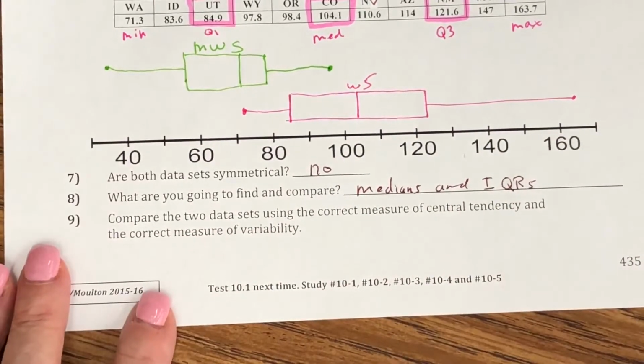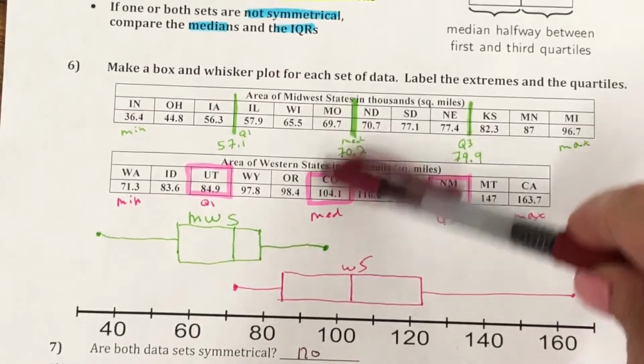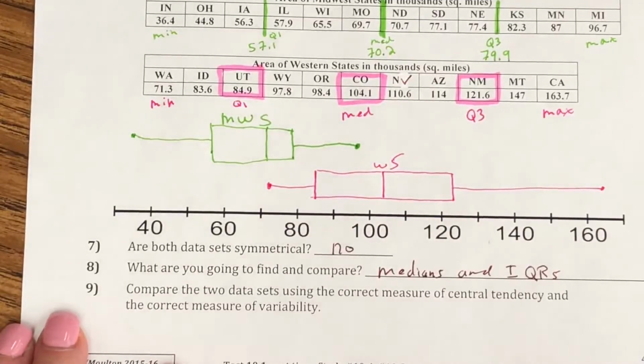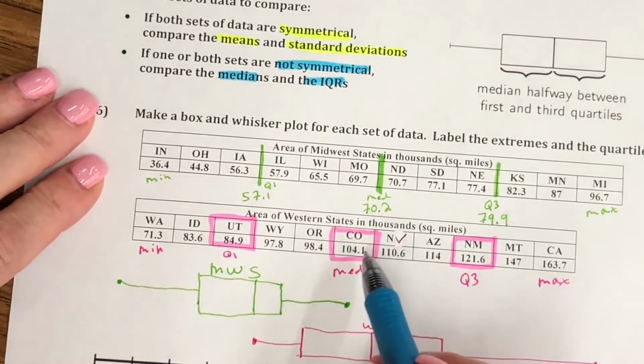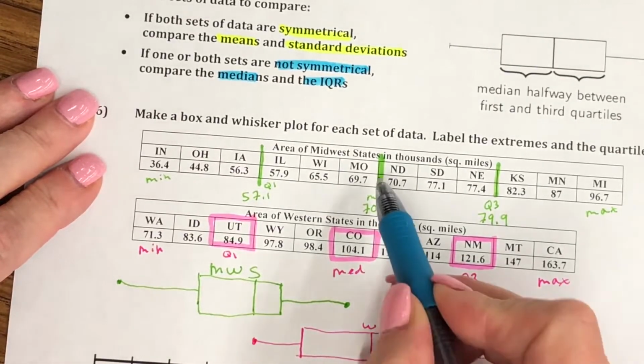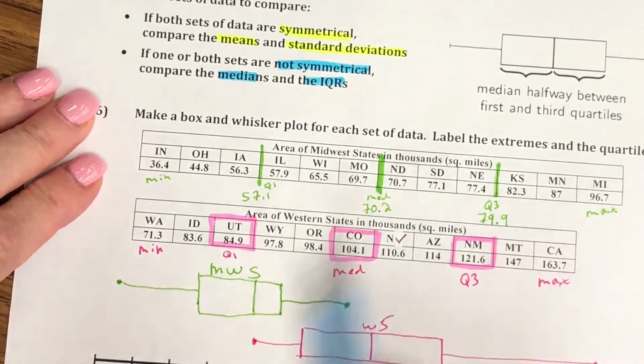So now we're going to compare them. I need to figure out what each one of them is. First of all, I already know the medians because I found them to do my box and whisker plot. We can see that the median of Colorado is 104.1 versus the median of 70.2.